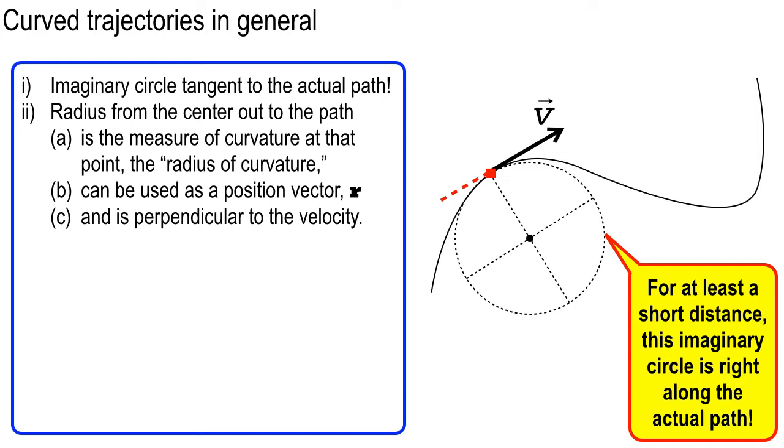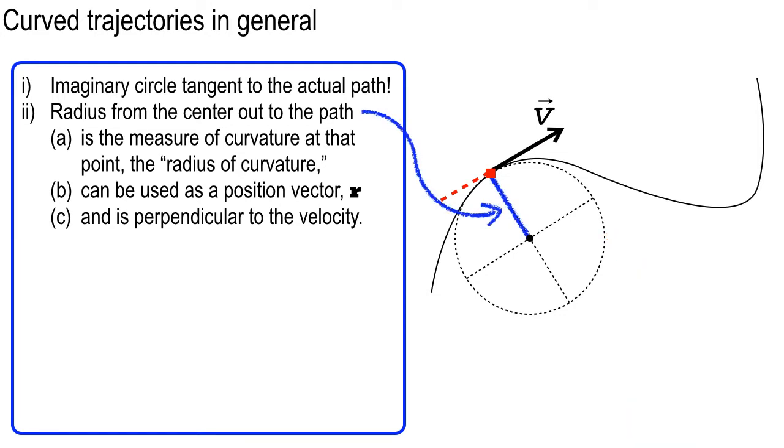Now let's take a look at some of the other factors here. The radius from the center of that circle out to the actual point on the path is the particular radius that's useful for us. There's an infinity of radii, but that particular one can also be used as a position vector.